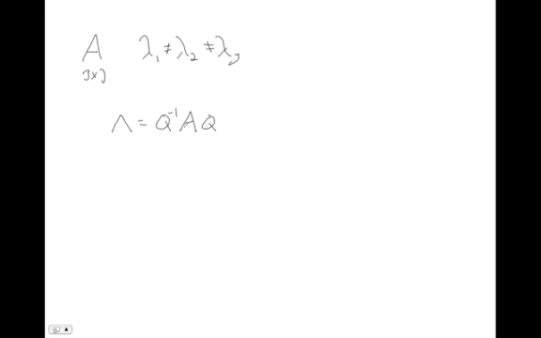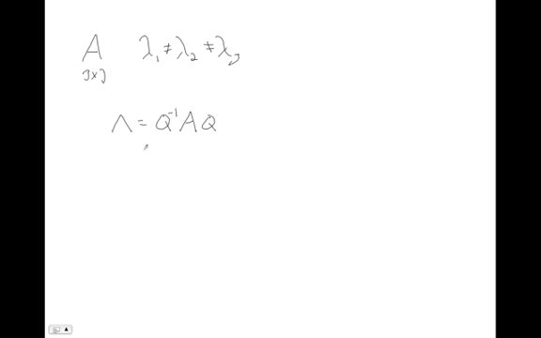So if all of the eigenvalues are distinct, then the matrix is diagonalizable, meaning similar to a diagonal matrix. But not all matrices have all distinct eigenvalues. Many don't, and in that case it's not necessarily similar to a diagonal matrix.